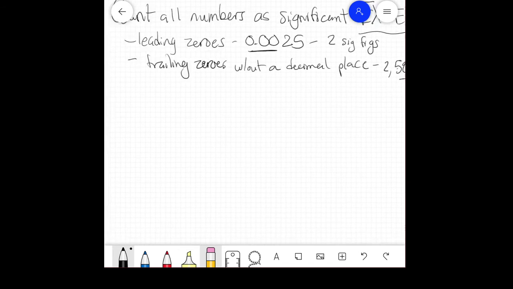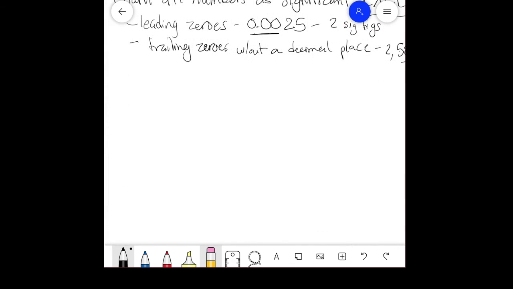So those are the ones you're going to exclude. You're not going to count those. You are going to include non-zero digits. Anything that is not 0 is significant.